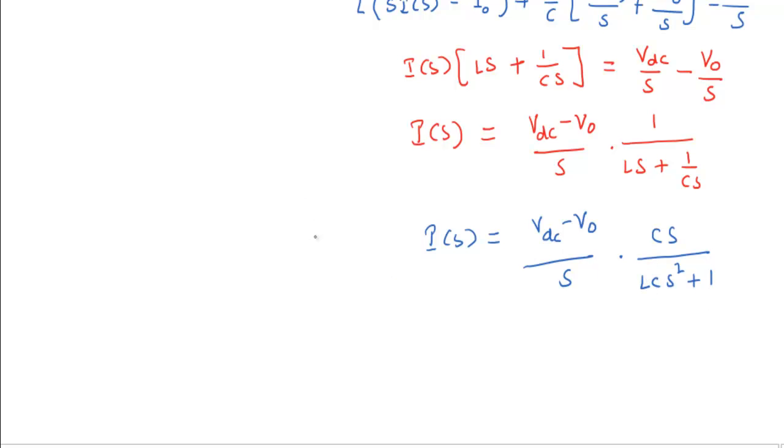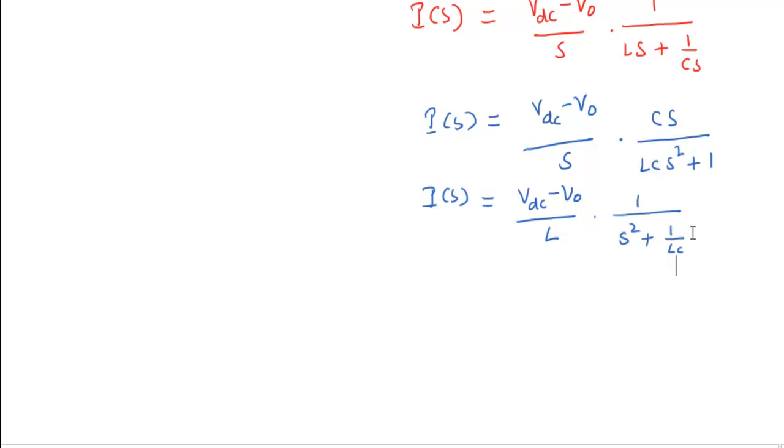So now you can rewrite this as I(S) equals (VDC minus V0) by L into 1 by (S squared plus 1 by LC). That is the Laplace transform of the current.